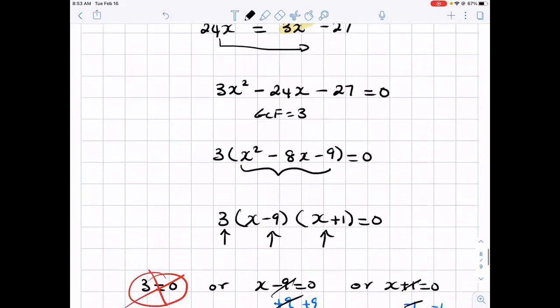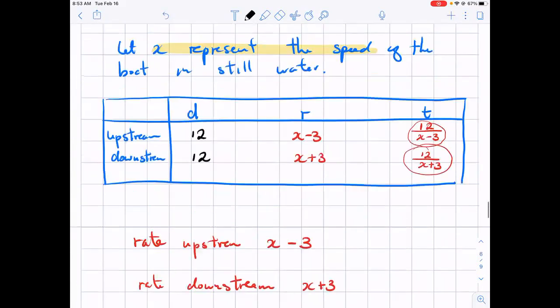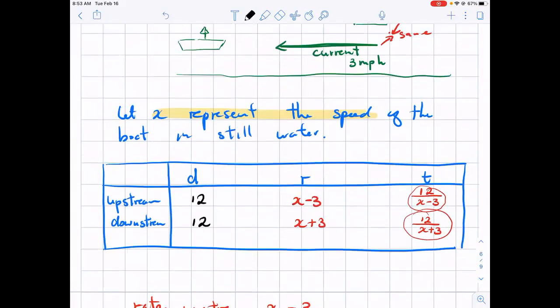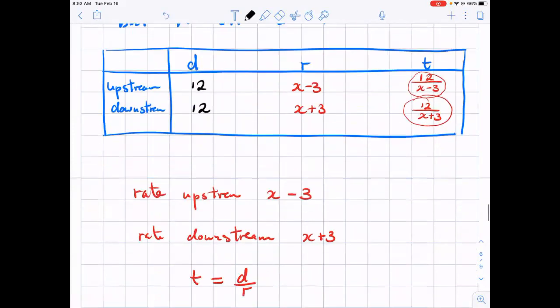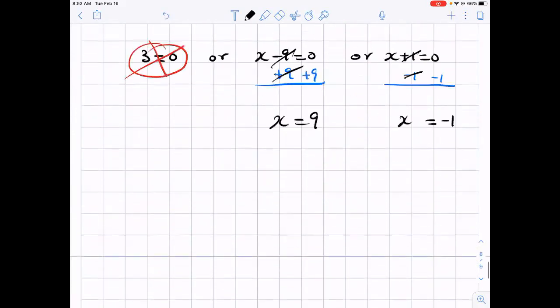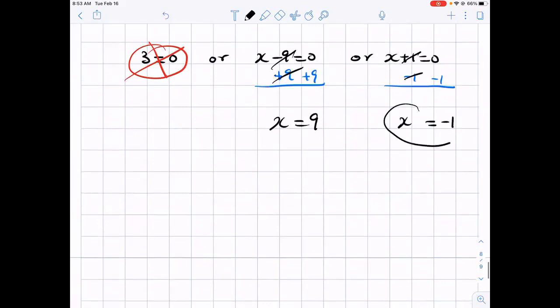Remember, what is x? You said x represents the speed of the boat in still water. So the speed of the boat is the rate at which it's traveling, and the speed of the boat cannot be negative. So we throw out this answer because the speed is not negative.